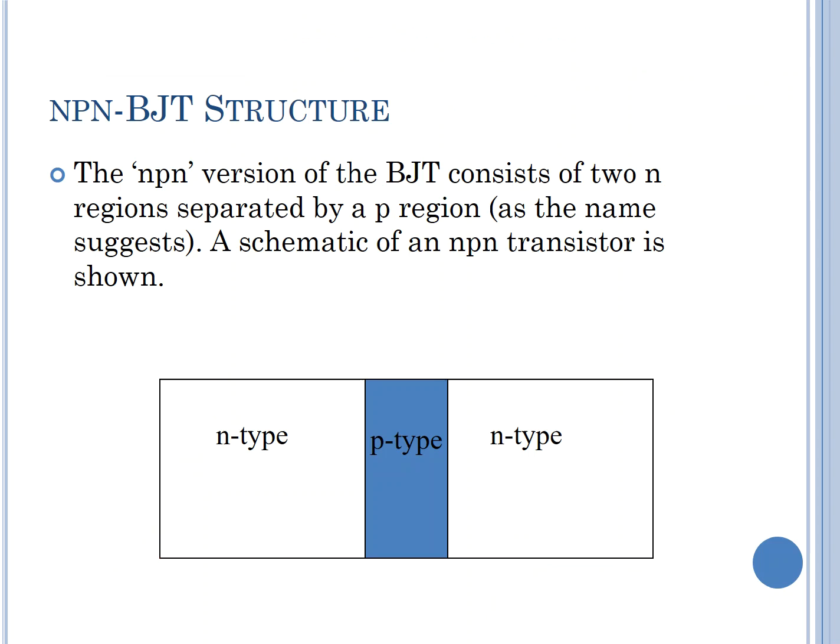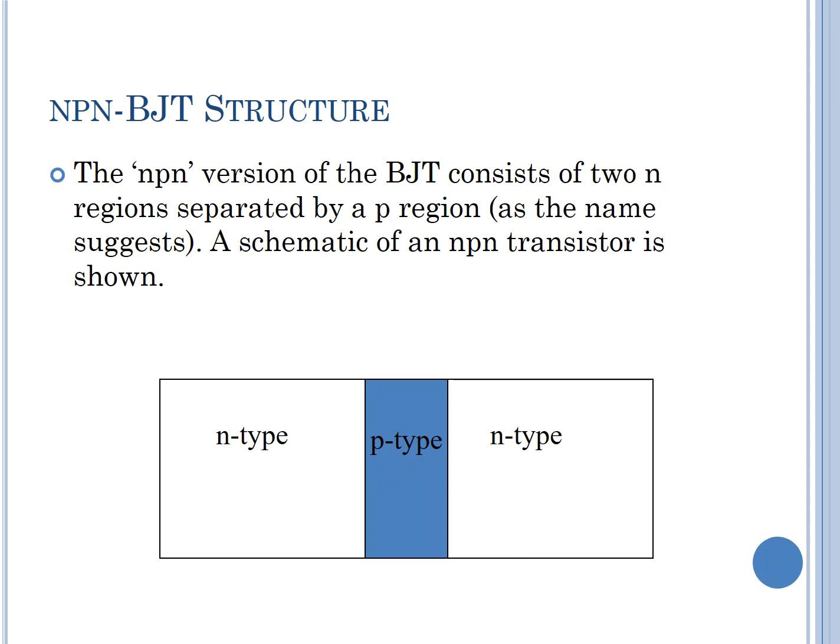So if we combine these two PN junctions, then a transistor is formed. If we talk about the basic construction of a bipolar junction transistor, there are two types of BJT: one is NPN and the other is PNP.